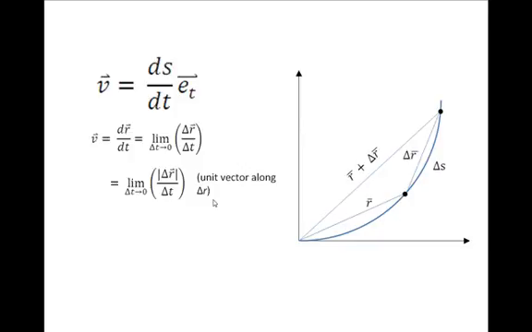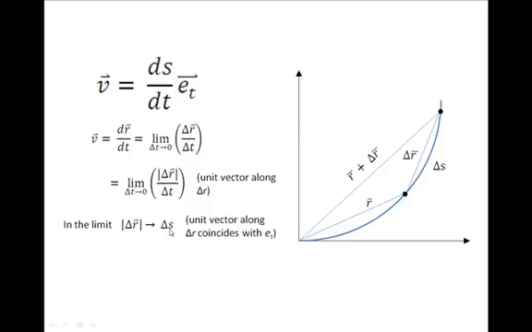Now see carefully. What happens is, in the limit, when delta t tends to 0, this point starts coming very near to this, and in the limit we will agree, I think, that the magnitude of delta r approaches the distance delta s along the curve, and the unit vector along delta r, that is delta r's direction, in the limit becomes tangential to the curve at this point, and that is the direction of Et, and therefore we say the unit vector along delta r coincides with Et.